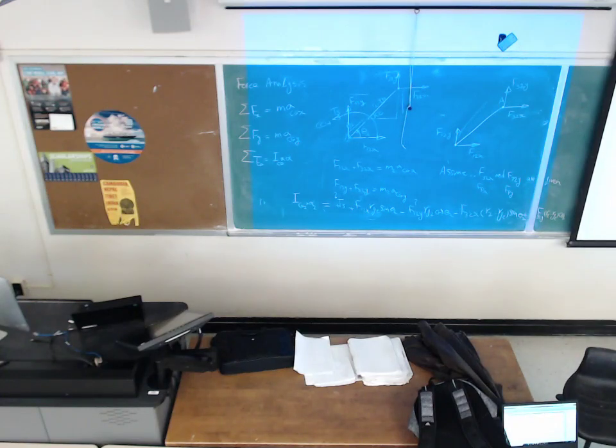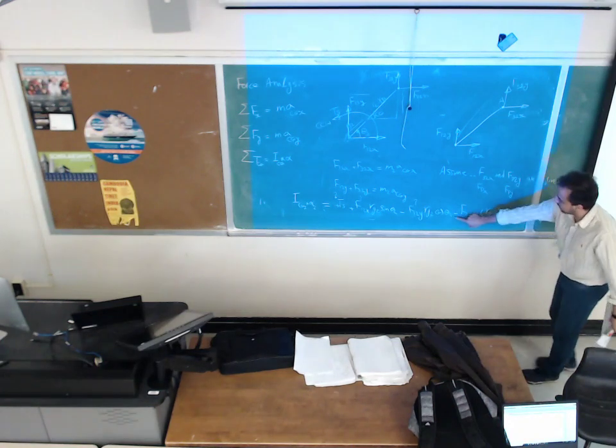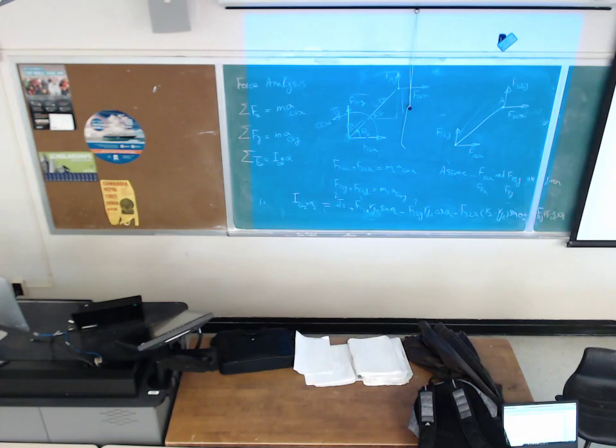So the left side is unknown, the right-hand side is going to be positive I for the center of gravity of link 2 times alpha 2, plus FPX. This is FPX, negative is going to change to positive, times R2 minus RG2 cosine of theta 2, minus FPY times R2 minus RG2 sine of theta 2.